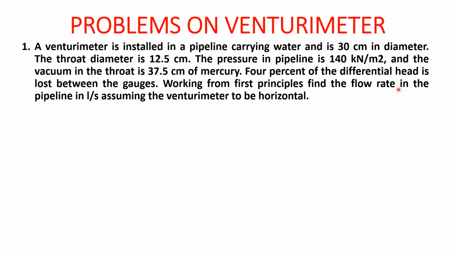Working from first principles, find the flow rate in the pipeline in liters per second, assuming the venturimeter to be horizontal.